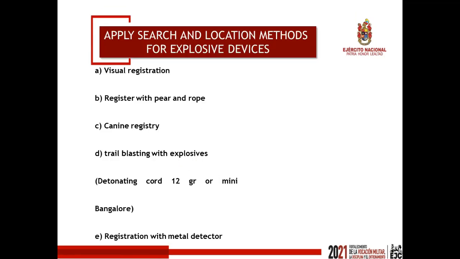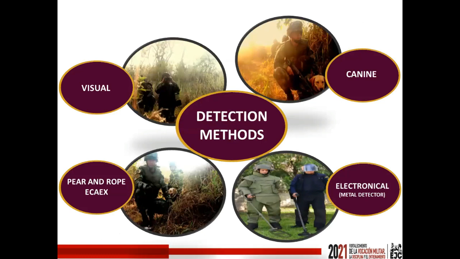And apply search and location methods for explosive devices: visual registration, register with EKS, register with canine, trail blasting with explosives, and registration with metal detector. In the visual mirror, we need to use the company lenses for this visual inspection.